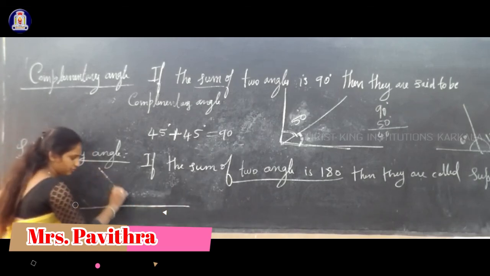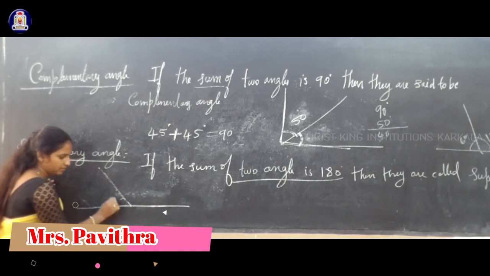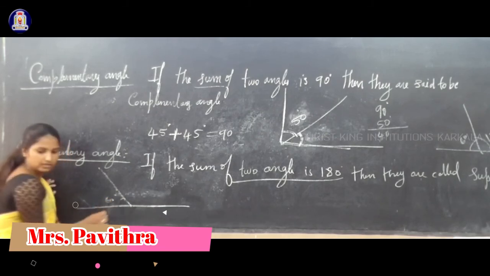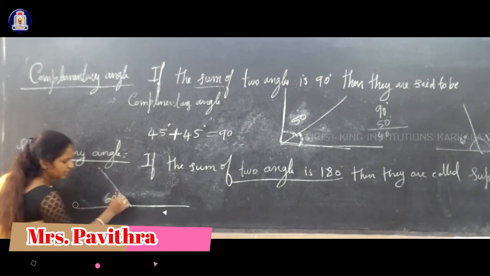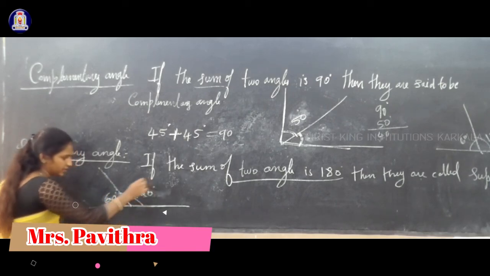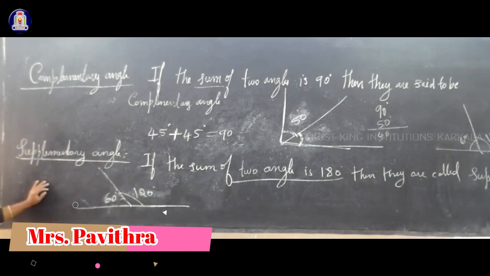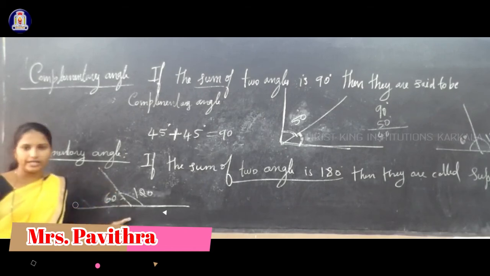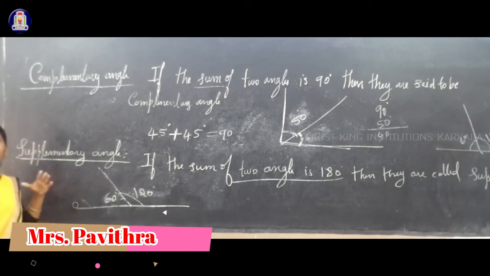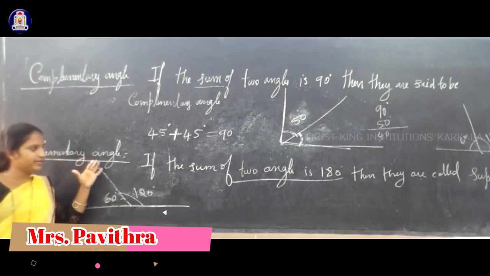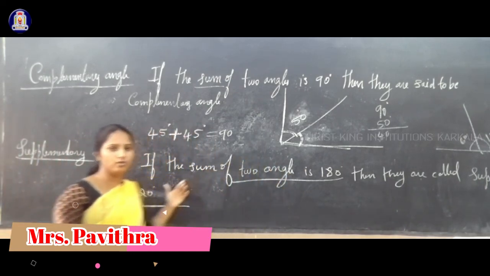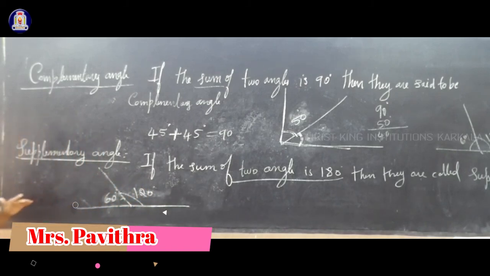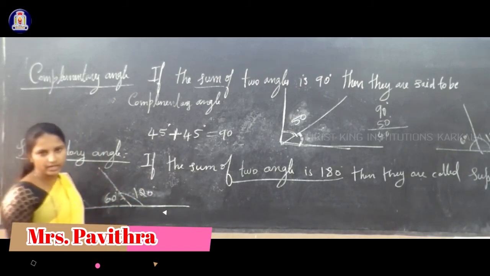If you divide it like this, one angle measures 60 degree and the other measures 120 degree. So 120 plus 60 is 180 degree. This is a supplementary angle. If the sum of two angles is 180 degree, then they are called supplementary angles.